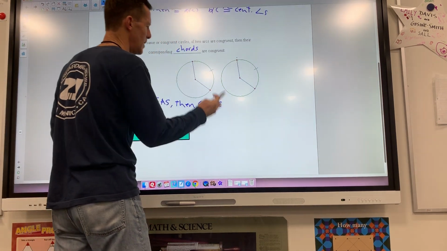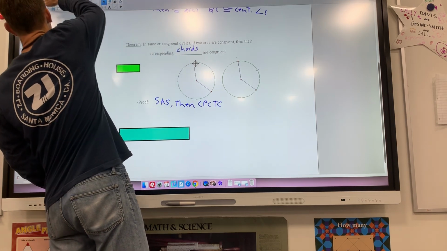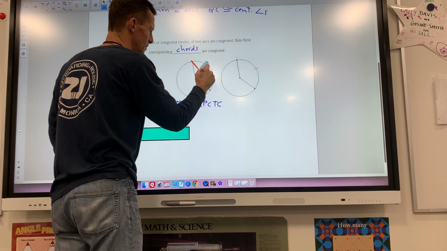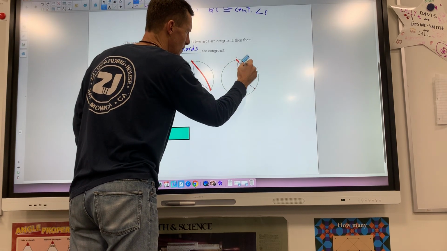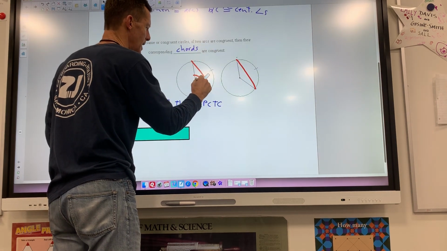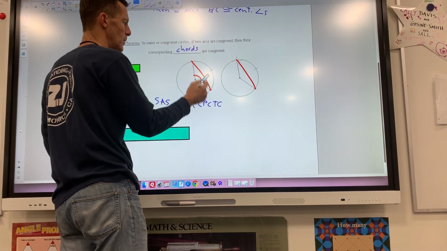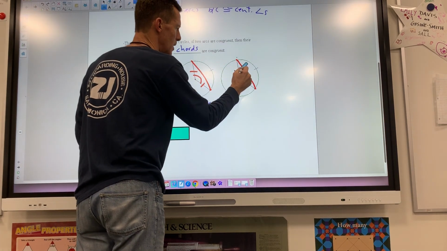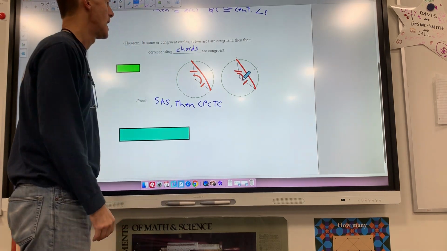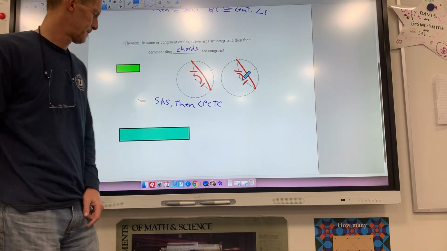Because if we draw triangles here, what do we know? Well, if we know the arcs are congruent, then we know these angles are congruent. And because of the same or congruent circles, in this case congruent circles, we know those sides are congruent, right? So what do we have? We have SAS and then CPCTC to show that the chords are congruent.